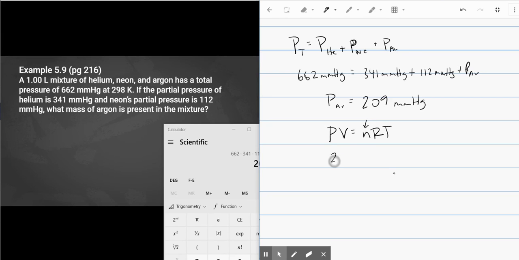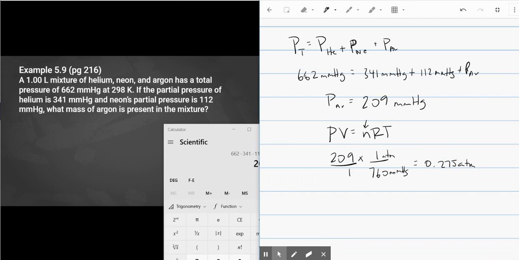So we have 209 millimeters of mercury. We need to first convert that. So let's change that to atmospheres by multiplying by a ratio where I have 760 millimeters of mercury, 1 atm. And if I divide those, I'm going to get 0.275 atm.